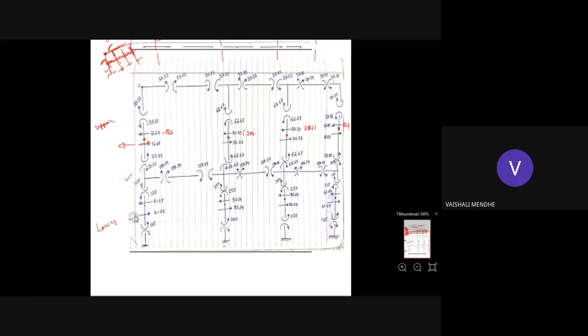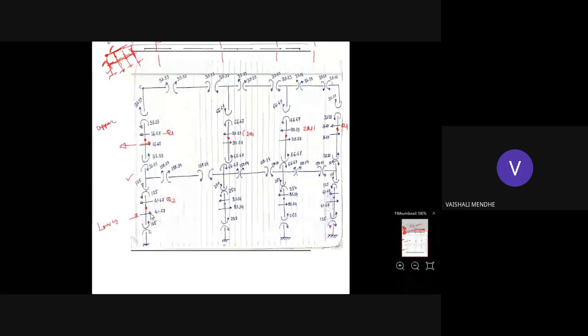Similarly you go for the lower story column. Then again you go for the lower story column, and in the lower story this is again the exterior column. This is where we found Q2, we got 41.67, again above and below the point of contraflexion, Q2. Then here twice Q2, so Q2 into 2 is 83.34, above and below the point of contraflexion. Similarly, this is also twice Q2 and this is Q2.